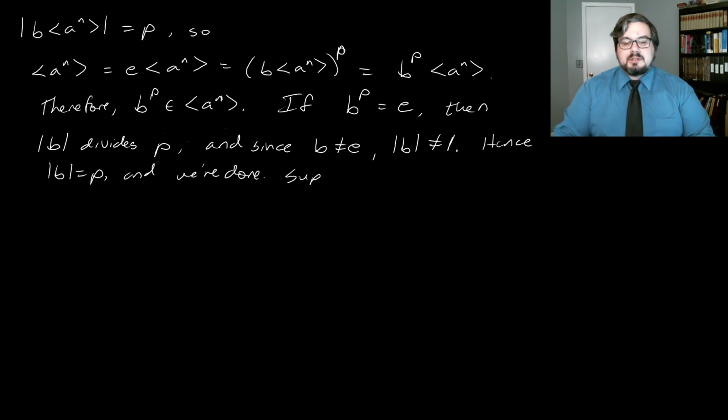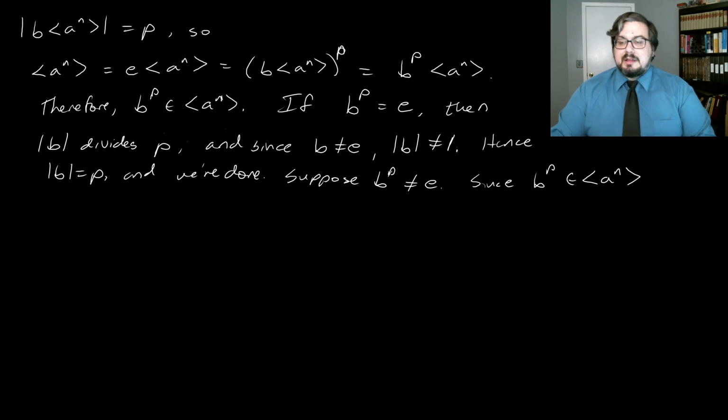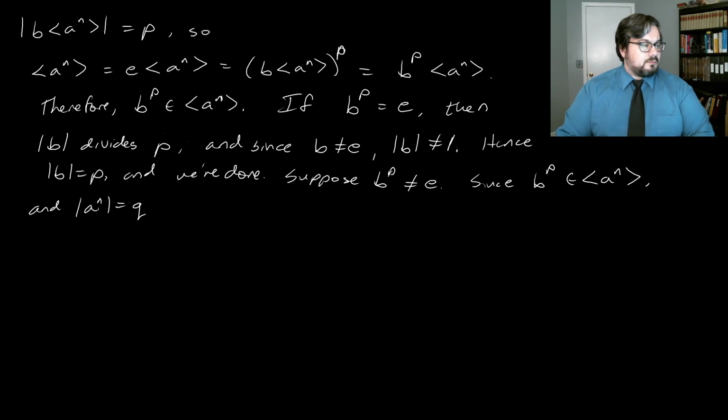So let's suppose that b to the p is not equal to the identity. Since b to the p belongs to the cyclic subgroup generated by AN, and the order of AN is equal to Q, we saw that before, we have that b to the PQ is the identity.